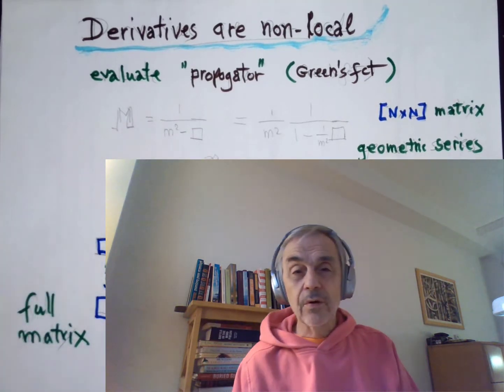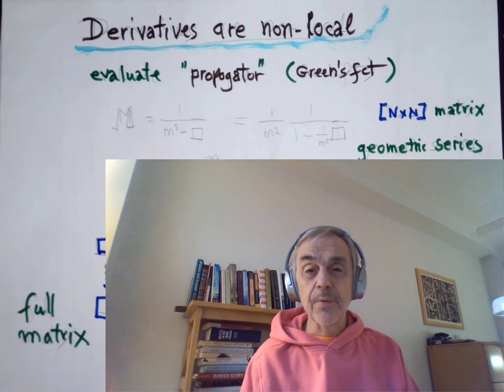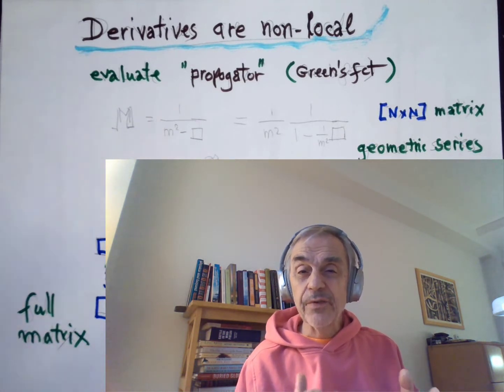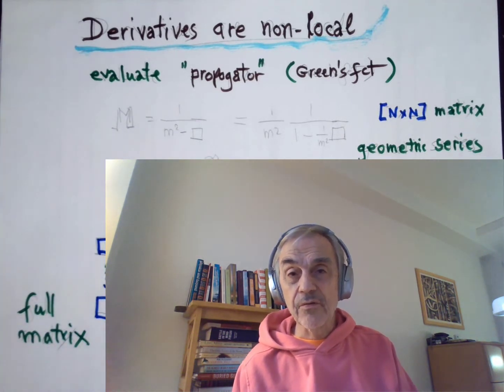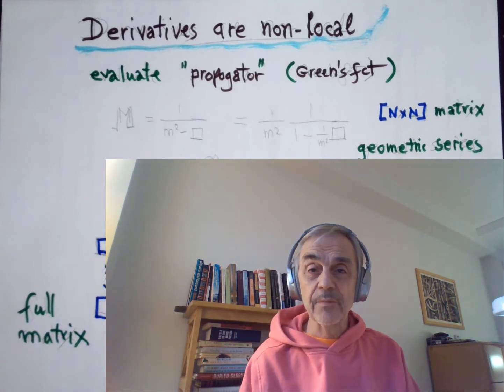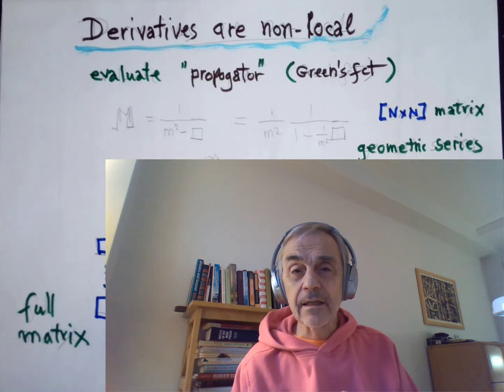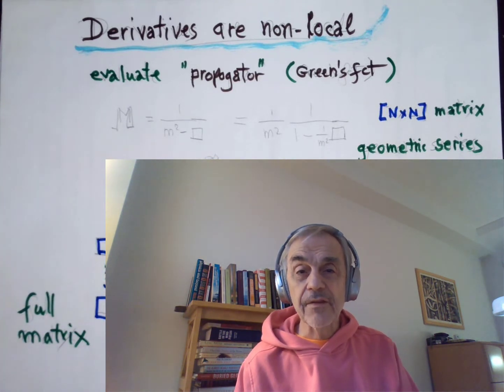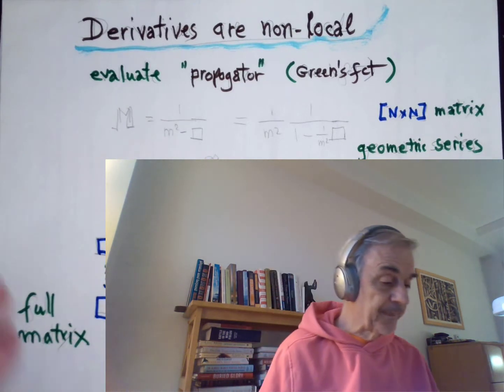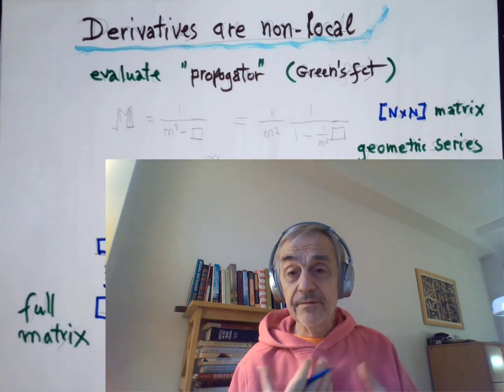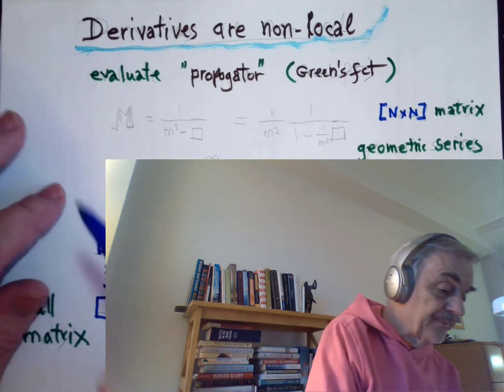So when you solve linear problems, often you use Green's functions. You use this in electrostatics, for example. And in some subjects, these Green's functions are called propagators, for example, in quantum field theory. But for us, they're just matrices.